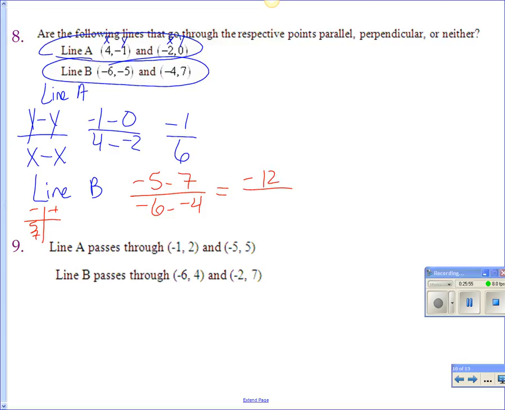Negative 12. Chad, what about on the bottom? What do you get? Negative 2. And Dylan, what's your final answer for right here? Negative 12 over negative 2. Very good. Okay.